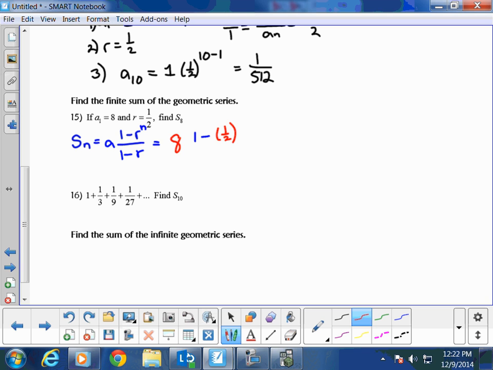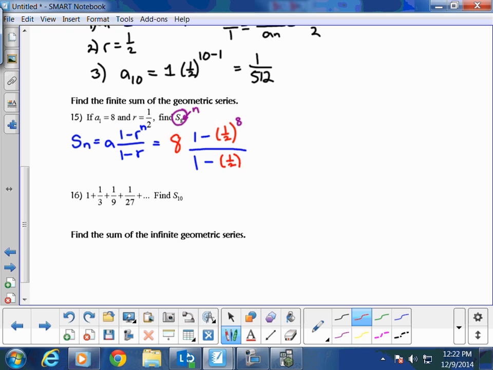And they want me to find S of 8, so I'm going to go ahead and write 8 up here already. And that comes from here. It's the 8th term, that's the n. This means that n is equal to 8. So from here, let's finish the rest. I'll have 1 minus r, which is again a half.